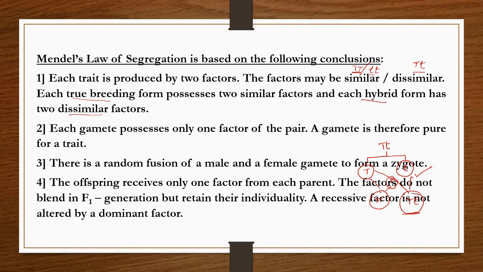Blend means they do not change in the F1 generation, but retain their individuality. A recessive factor is not altered by a dominant factor. So here in the F1 generation, all the individuals are tall. The F1 individuals' genotype is capital T and small t, and even though the recessive gene is present, all the plants are tall. Clear?